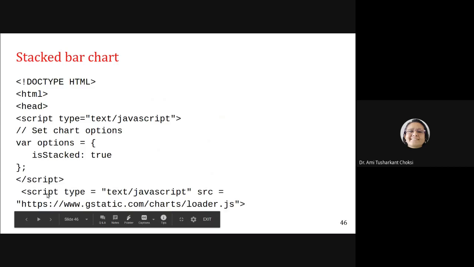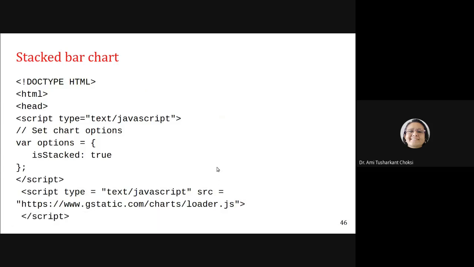Fine. So now we are loading the Google Chart API, that is using script type is equal to text/javascript, source is equal to https://www.gstatic.com/charts/loader.js, right? This way we are loading the JavaScript for the Google Chart API.